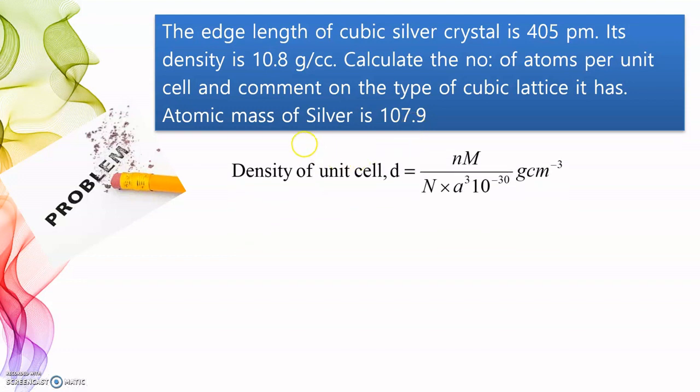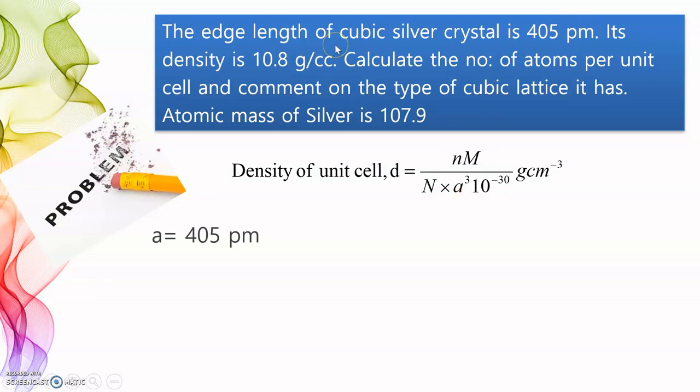We know the density of the unit cell is given by the equation d is equal to nM divided by N a cube 10 raised to minus 30 grams per centimeter cube. And we also know that if the edge length is substituted in picometers, we will get the density directly in grams per centimeter cube. So let's write down the data given first.